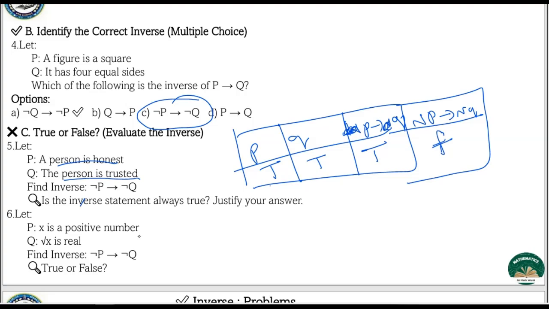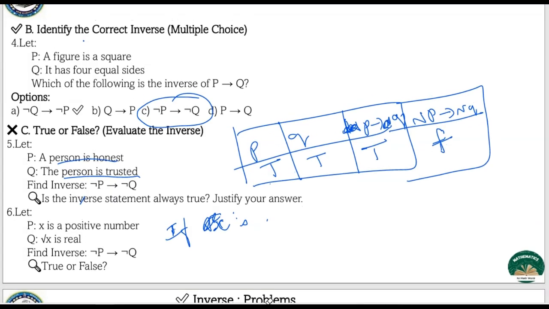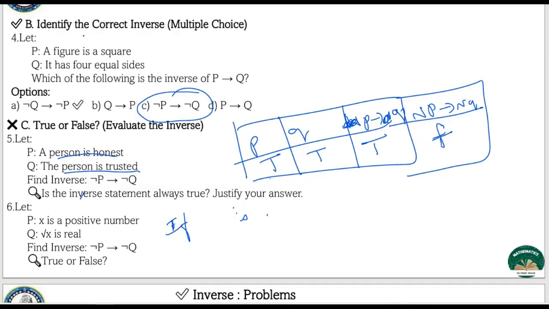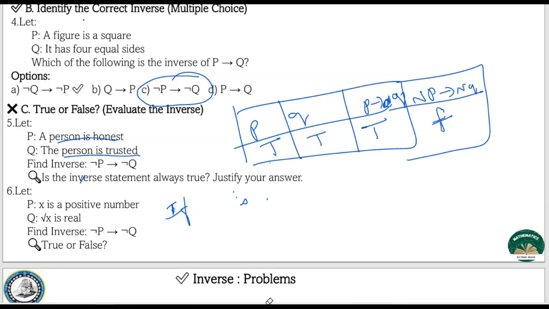Then, x is a positive number, root x is real. Then what will be the negation?